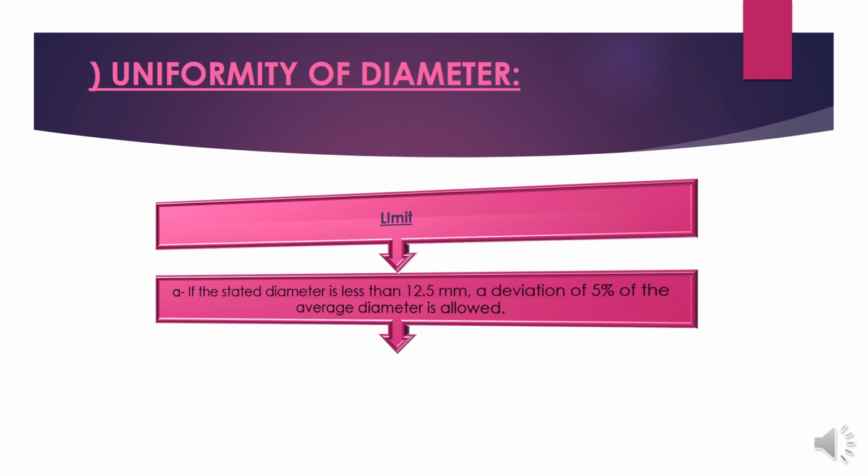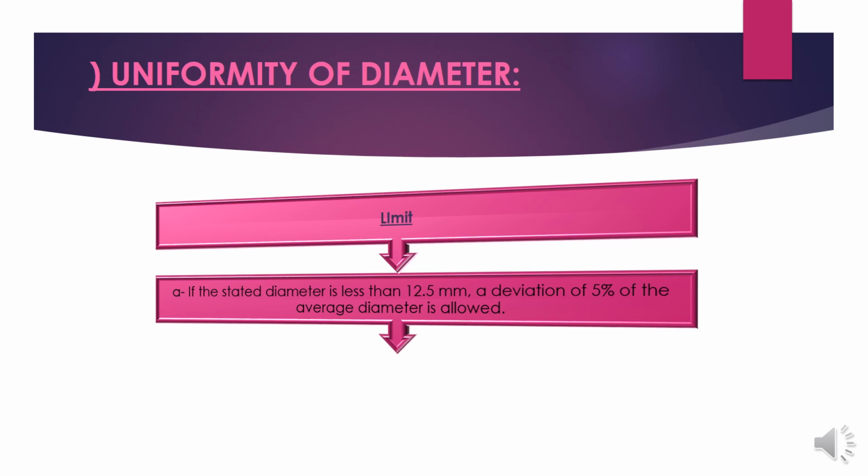The limits say if the stated diameter is less than 12.5 mm, a deviation of 5% of the average diameter is allowed. It means if the master formula or the monograph is stating a diameter of a tablet that is less than 12.5 mm, then a deviation of 5% of the average diameter is allowed.